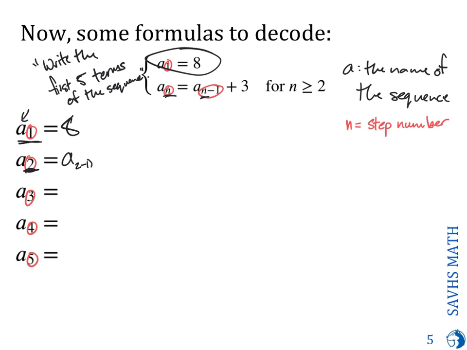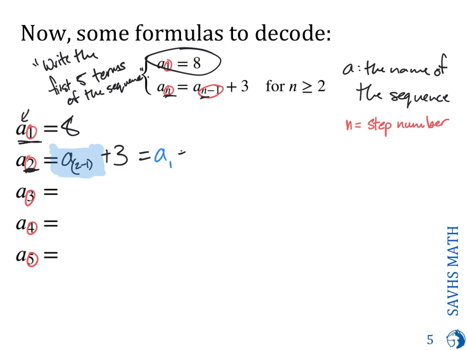2 minus 1, then it says plus 3. So then I need to figure out, what does this whole thing mean? Because this looks new to me and I haven't seen this before. Well, 2 minus 1 is 1. And so I could rewrite this blue stuff as A1.